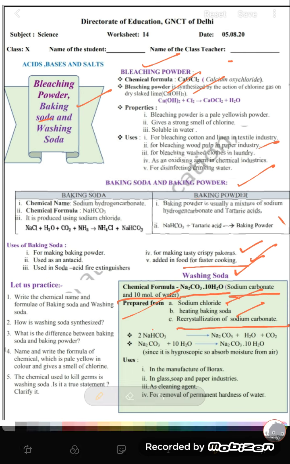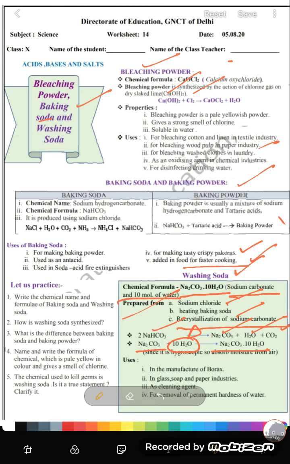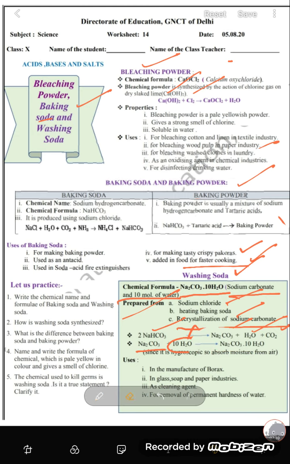See, this is sodium hydrogen carbonate. When it is heated, it converts into sodium carbonate and water, and CO2 is released. This sodium carbonate combines with 10 molecules of water and forms your washing soda, right? I'm sure it is clear to you.